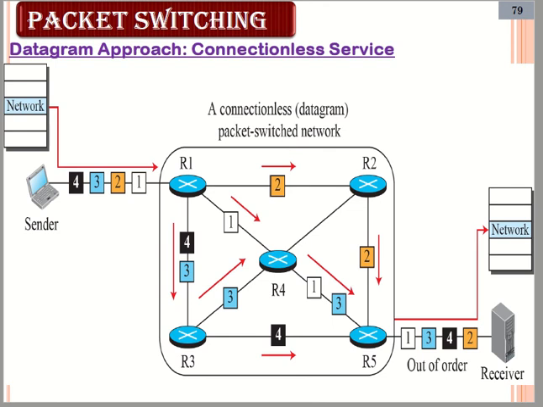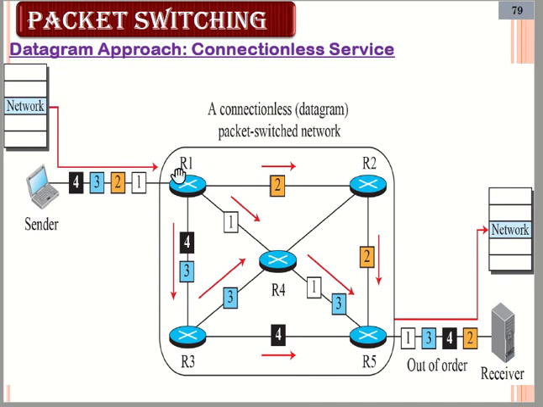Let us take this example. You can see here the network layer has got a frame from the transport layer, and that has been fragmented into four different frames. This is the source, this is the destination, and this is the network. In this network we have routers R1, R2, R3, R4, R5 between the source and the destination, so multiple paths exist.